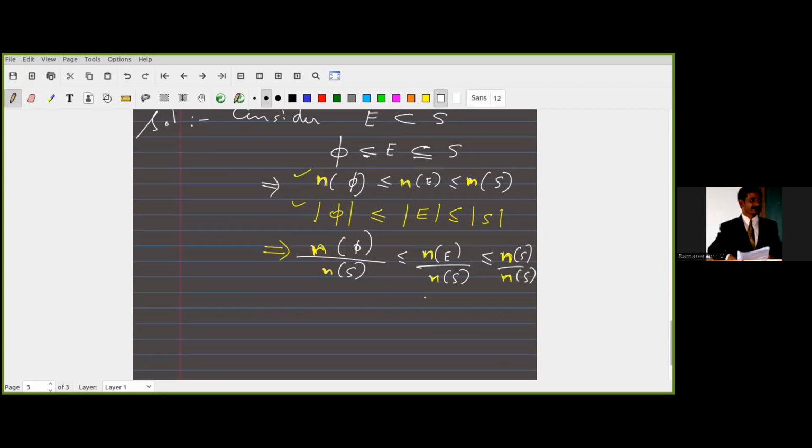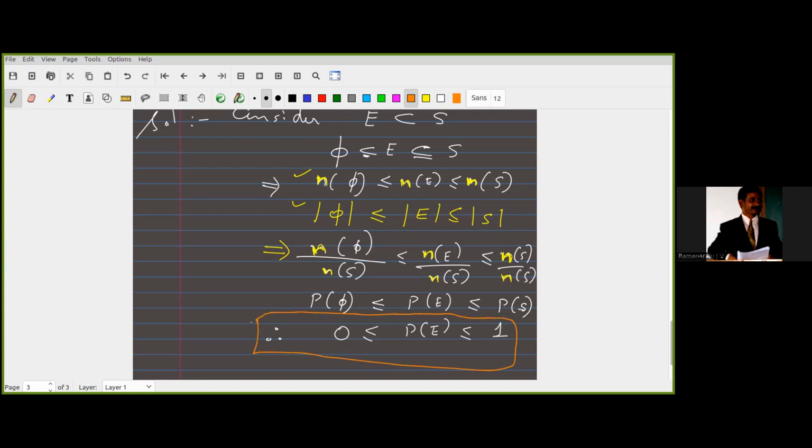So now we have a clear thing that the leftmost thing is nothing but P of the empty set, the middle thing is P of E, and the last thing is P of S. Now, the null set will always have probability 0, and P of E you can write as it is. And the full sample space S will always have probability 1. Therefore, what we have just proved is that the probability of E always lies between 0 and 1.